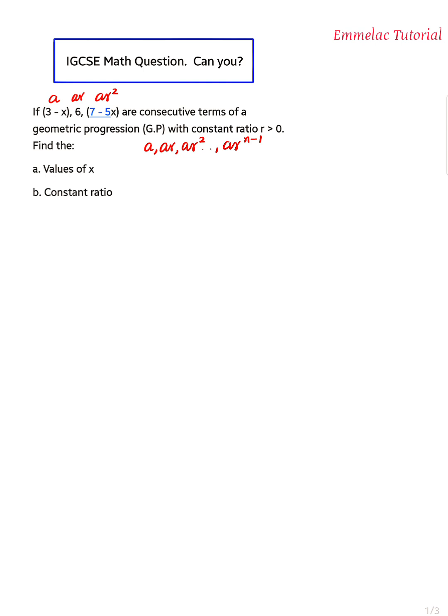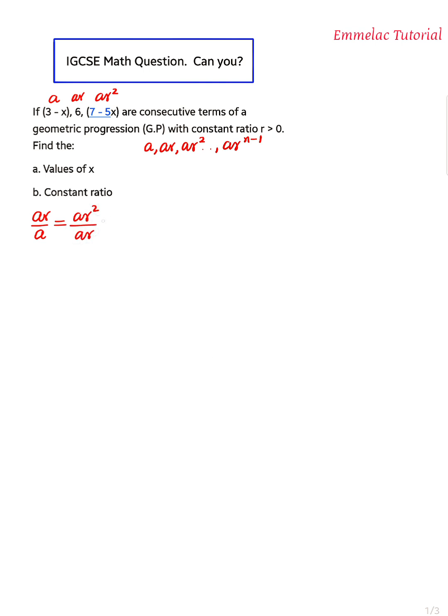So let us now find the value of x. How then do you find the value of x? All we need to do is find the common ratio. Here the common ratio should be ar divided by a, which is the same as ar squared, the third term, all over ar.